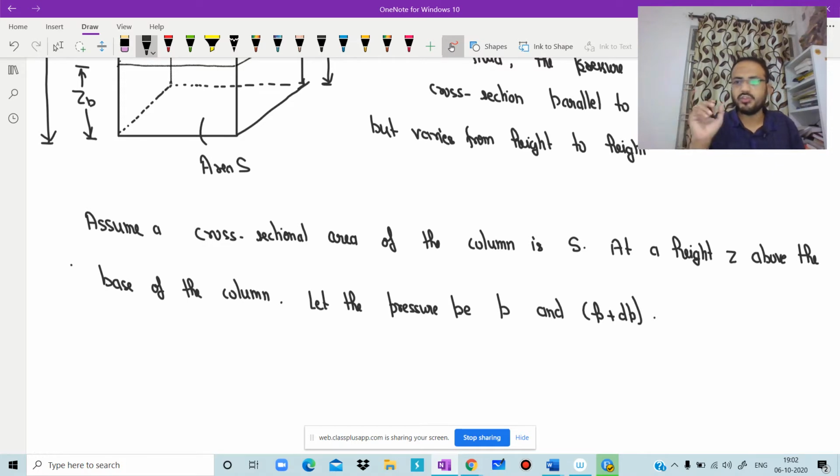The resultant of all the forces on this element should be equal to 0 because there is no motion. If there is no motion, what does it mean? It means the resultant force should be 0.